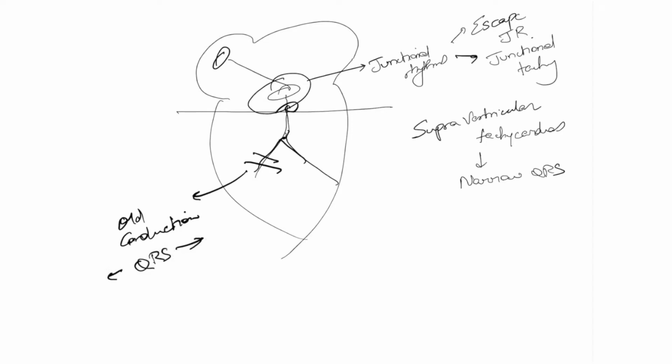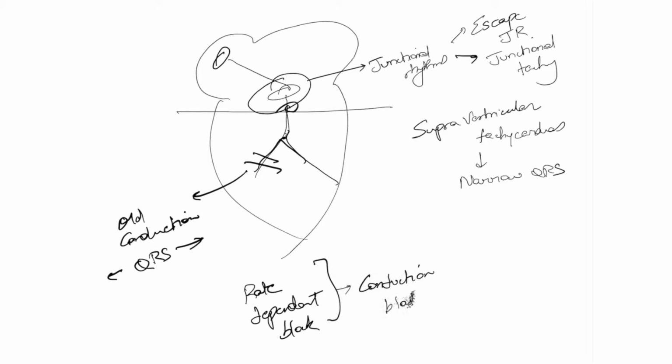Another thing that might happen is you have a rate dependent block. So when the heart rate is normal, the conduction system within the ventricles is okay, and so the QRS complexes are normal. But then when the rate is really fast, a part of the conduction system in the ventricles might be in a refractory period, and so you would see a conduction block only at high heart rates.